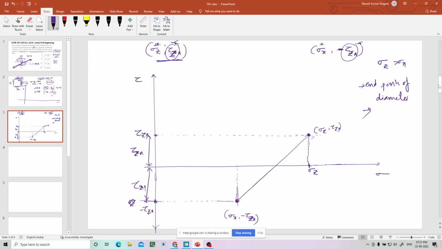See, now this is the diameter. Wherever it cuts the x axis, that should be the center, because if you see this height and this height, they are same because they are tau zx. Next, these angles are the same.